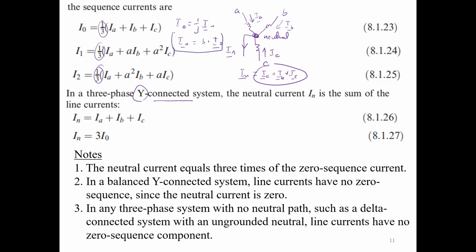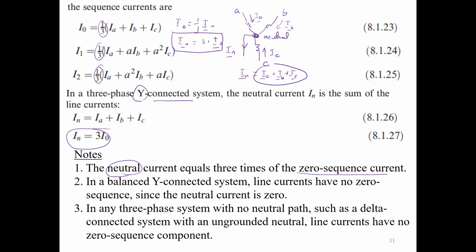Now this is the observation. Note that the neutral current equals three times the zero sequence current. If you want to know the neutral current, you can decompose the unbalanced current into sequence components.